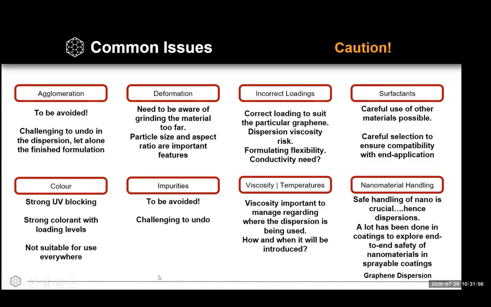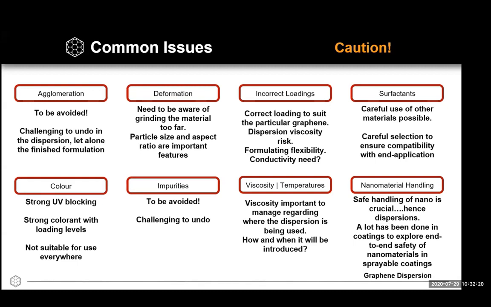Deformation, so being aware of the grind of the material and particularly avoiding grinding the material too far. Particle size and aspect ratio are important features in the utilization of these nanoplatelets in the end-use application. Loading level clearly has a huge influence on cause and effect in the end application.